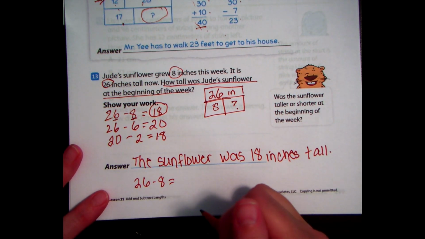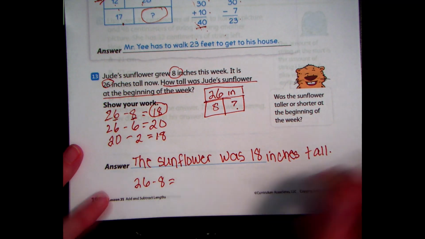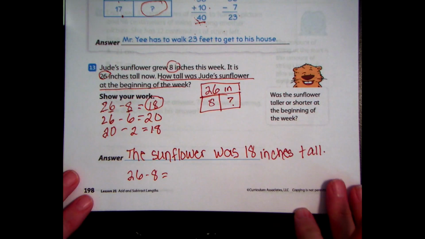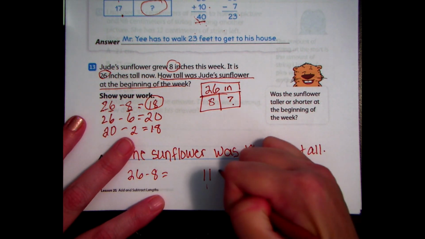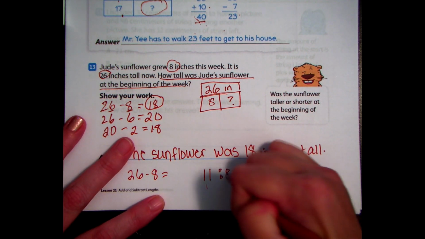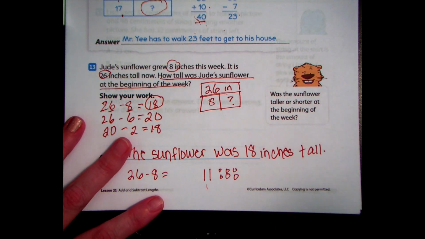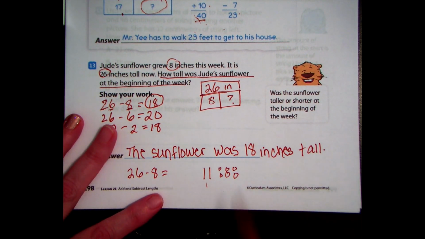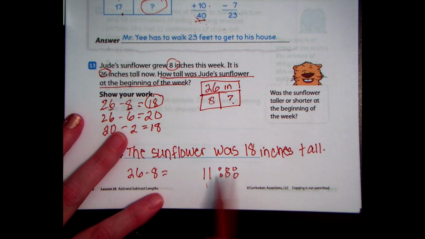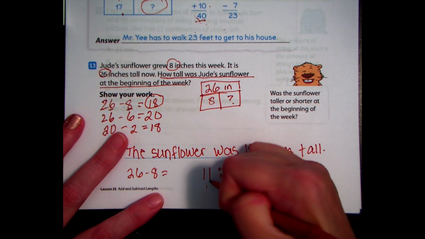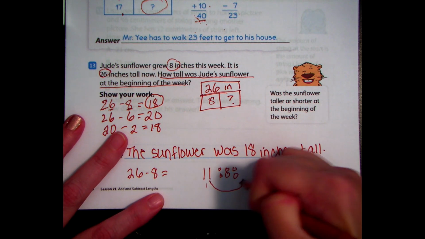You could have also used base 10 blocks, which I'm going to try to put in the margins. I would start with 26. Okay, for those of you who did base 10 blocks, 26, I'm going to subtract 8, but I only have 6, so I have to take this 10 and put it here.